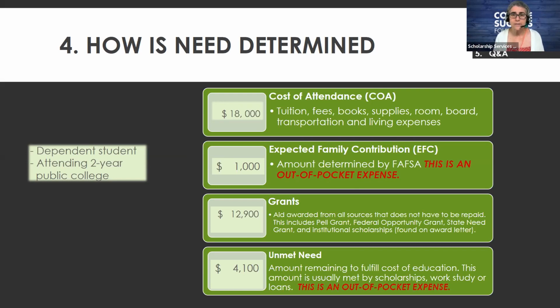We're not calling students and families simplistic, but the way that the information is presented can be confusing. What is important to know is that EFC and the unmet need are both out-of-pocket expenses for the family, not just the $4,100 that is listed here. For that reason, we encourage you to use the other formula, and this is what it's going to look like.